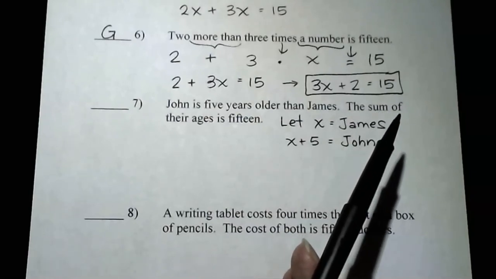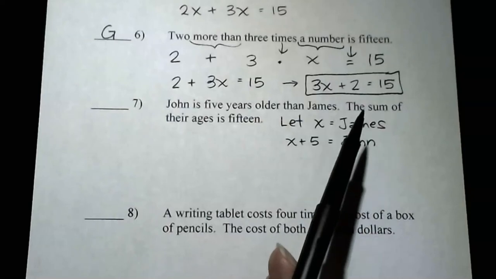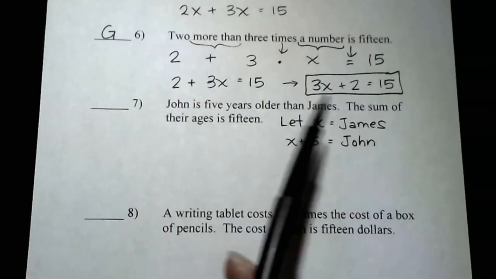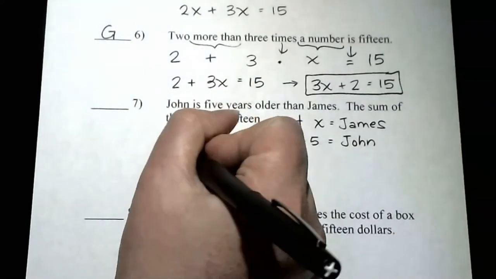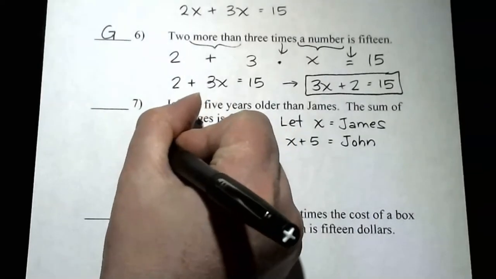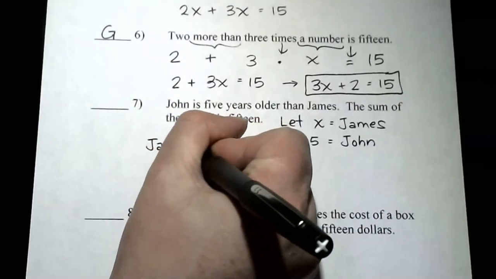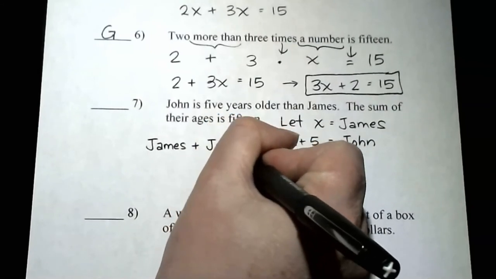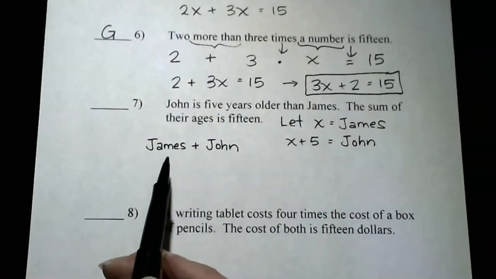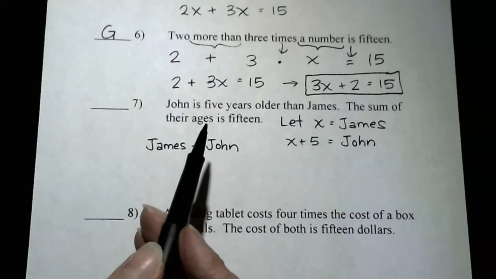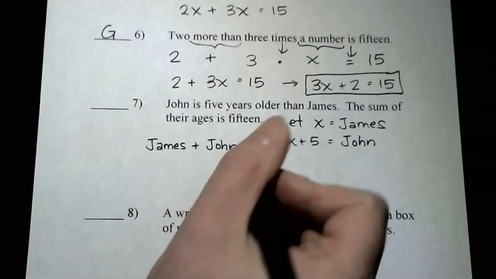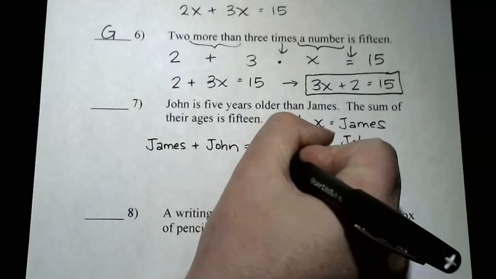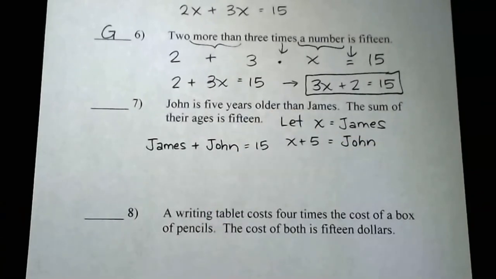Now I'm going to use the information from the second sentence to come up with a way to write an equation for this. So the sum of their ages, so James's age plus John's age, the sum of those two is 15. Okay, so there's my situation here.